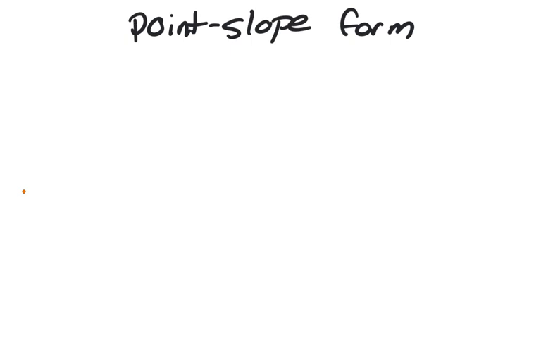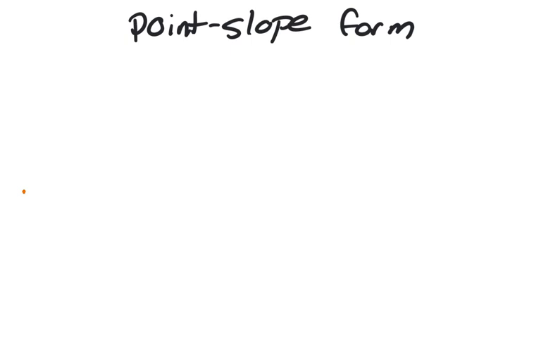Now, before I show you what point-slope form is, does anybody want to take a guess what you need to put a line in point-slope form? The point and the slope. That's all I need. Any point and the slope. Slope-intercept form had to be the slope and a specific point, the y-intercept. This can be any point on the line and the slope. And I can put it in point-slope form.